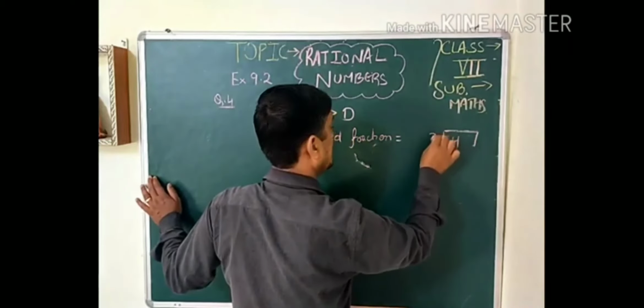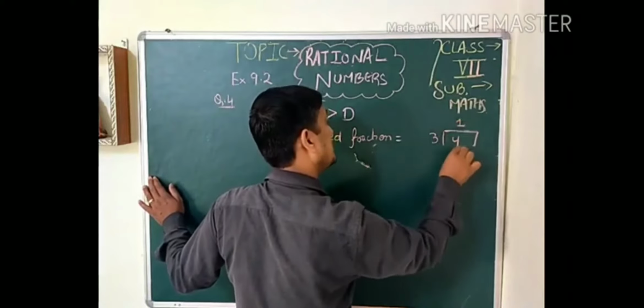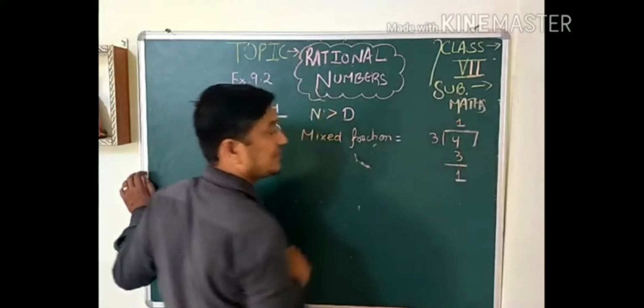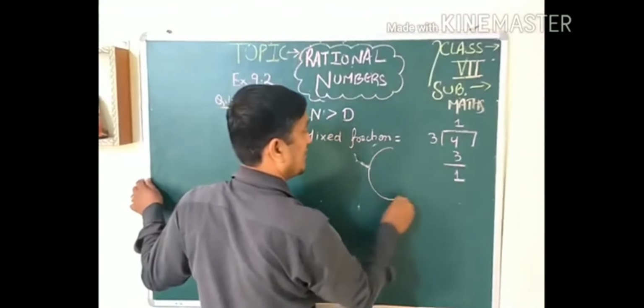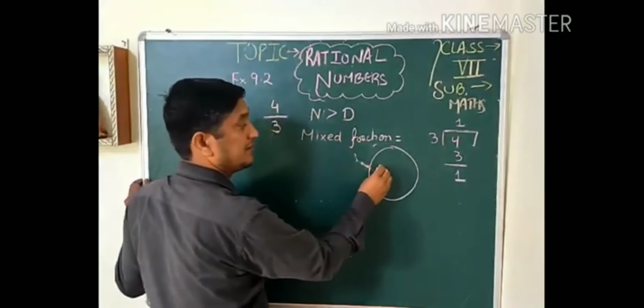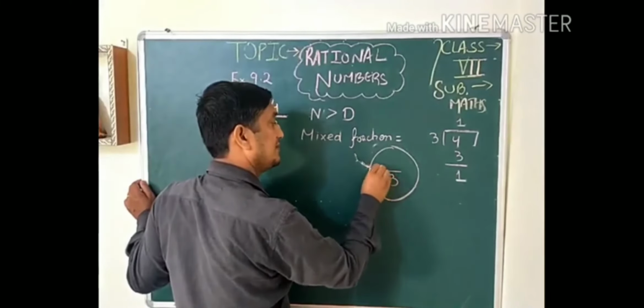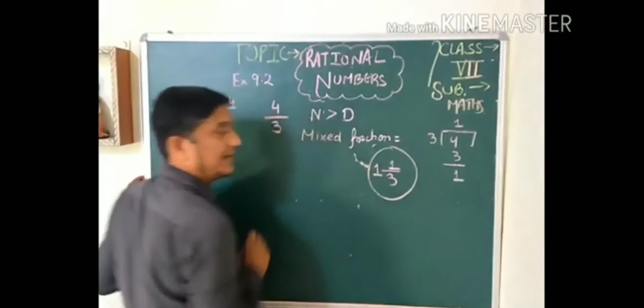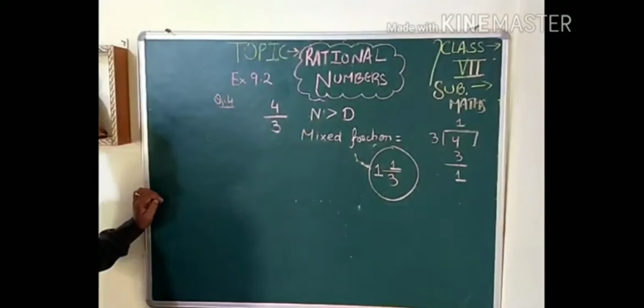It becomes like this: 4 divided by 3, 3 ones are 3, 1 is the remainder. So the mixed fraction of 4 by 3 is 1 and 1 by 3.